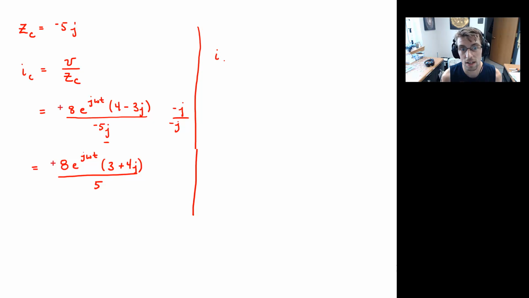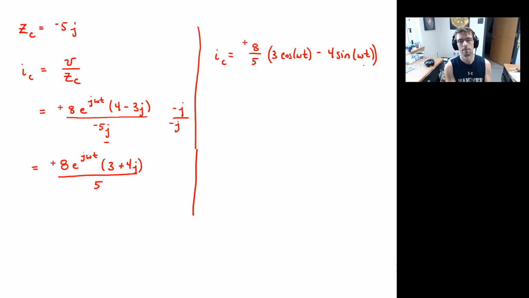And we have something that says IC is equal to, let's see here, we have the negative 8 over 5, 3 cosine of omega t. Okay. And then we have a 4j times j sine. So we'll have a negative 4 sine of omega t. So you can see how the presence of having that j in the denominator changes which goes with which here.